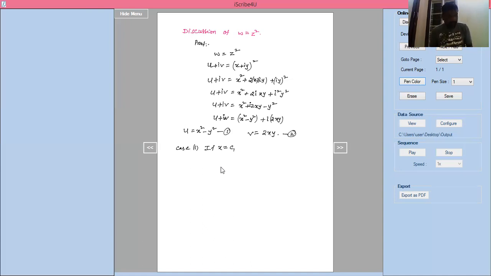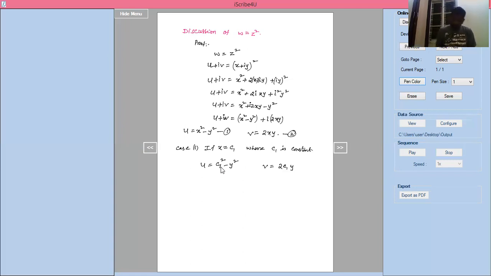If X equal to C1, where C1 is constant, U equals C1 square minus Y square, and V equals 2 into C1 into Y.